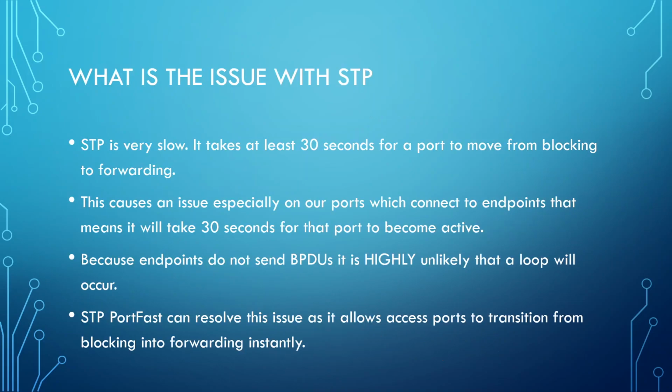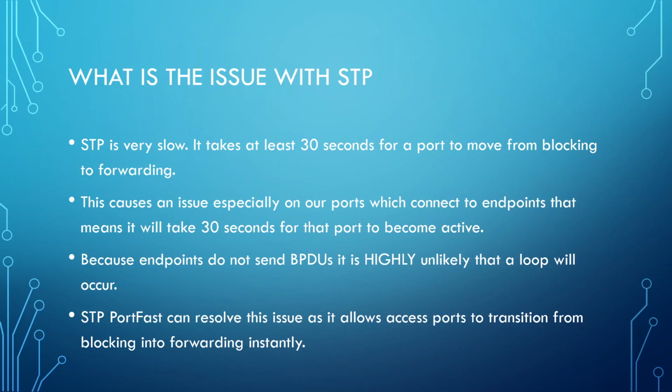Now, through these examples, can you see an issue with STP? Obviously it's good that it blocks the redundant link and stops loops from happening, but can you see it's very, very slow? It takes at least 30 seconds for a port to move from blocking to forwarding. When we have our election, we could be satisfied with saying, okay, after the election process, we know it's going to take 30 seconds for everything to become forwarding.